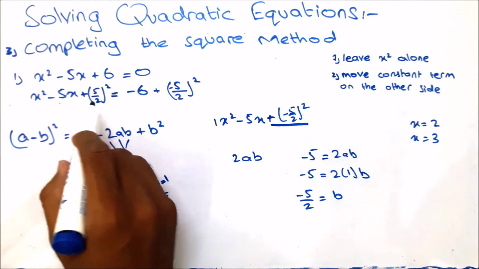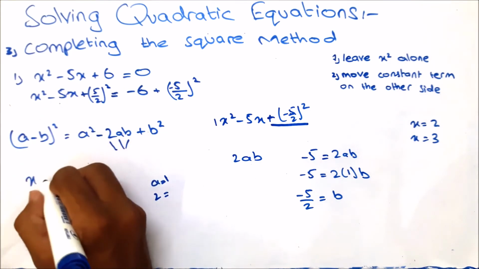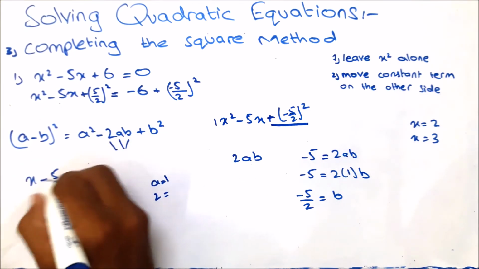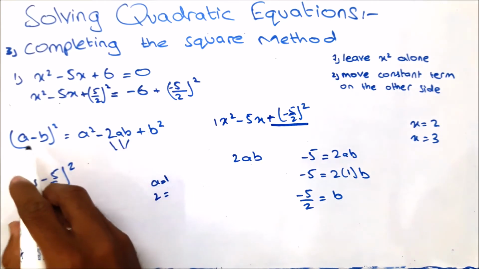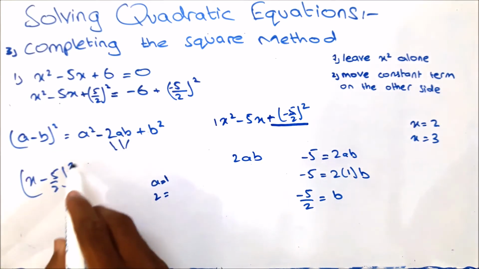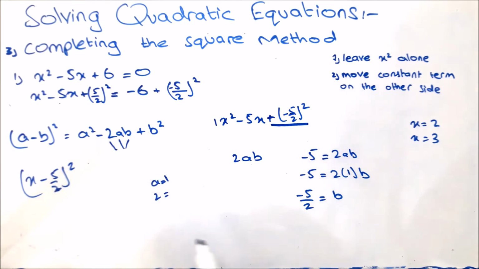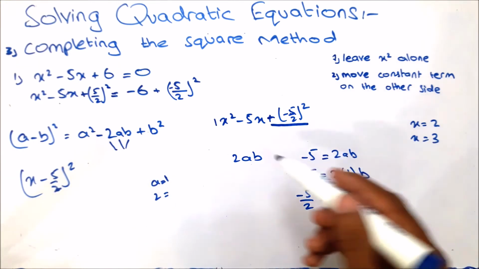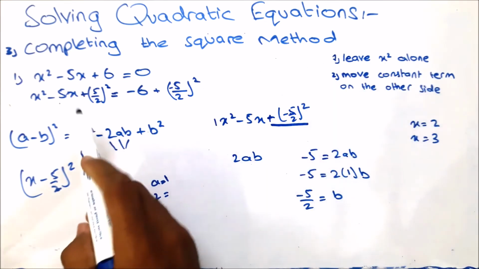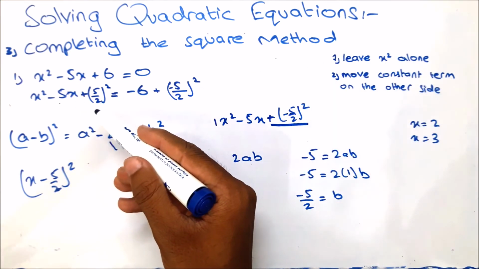This becomes a perfect square, and we can simply write it as x minus 5 divided by 2 whole square. You see this formula, a minus b whole squared is equal to this. I hope you understand this now, the completing the square method and the logic behind this squaring thing.